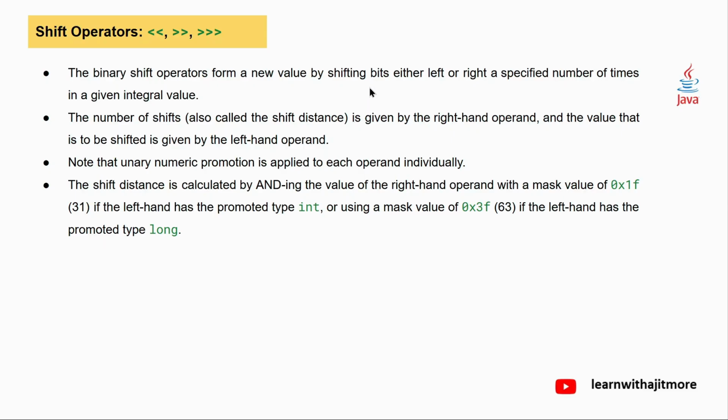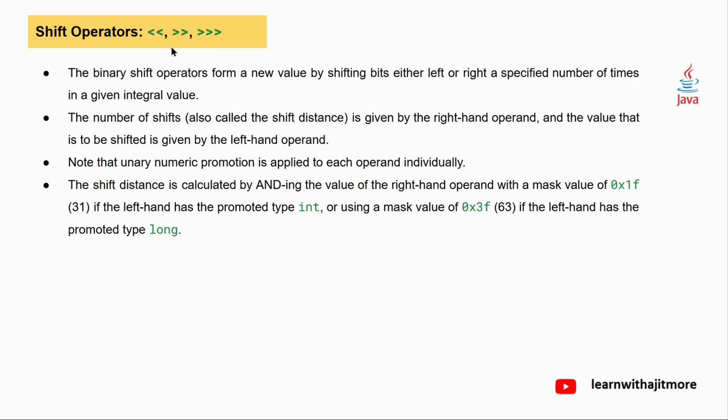So it is going to shift the bits left side or right side the second operand number of times. And it will work only on integers. Remember, that is the rule. These operators work only on integers.